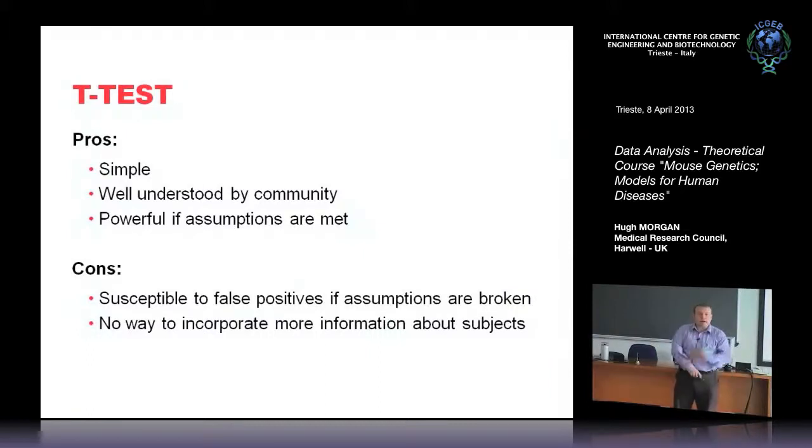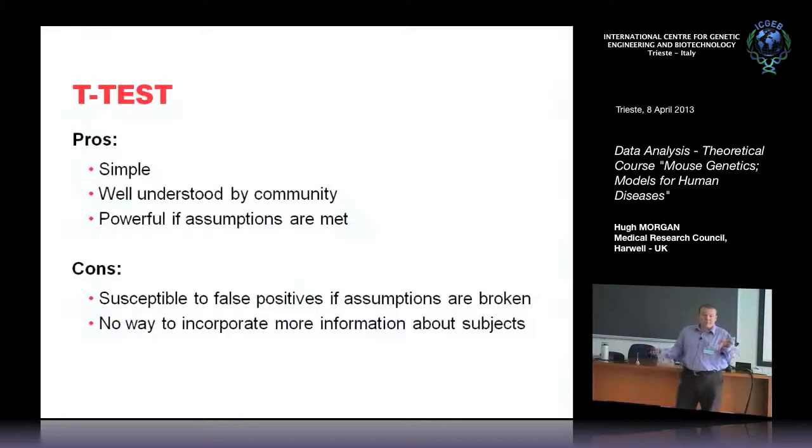So this means it's easy to make the results understood to your colleagues and the wider community. And if the assumptions are met, it is a very powerful test. It will be able to detect mutations as accurately as possible.